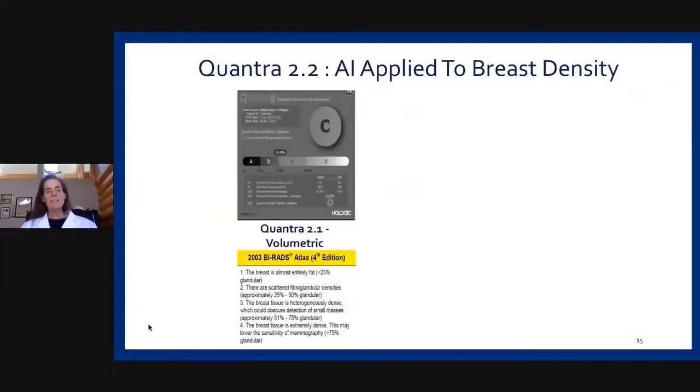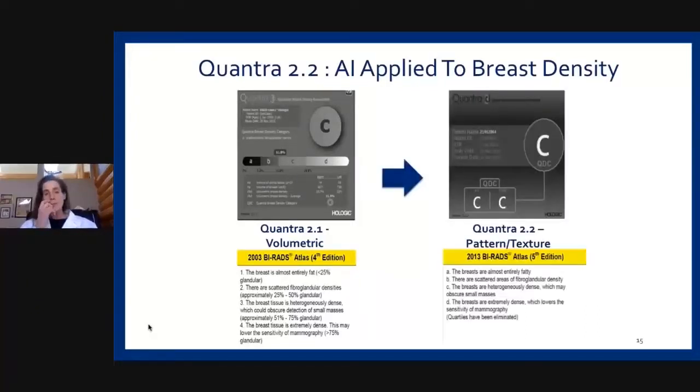And so here's just an example talking about Quantra products, and Quantra 2.2 is the newer version of the breast density software. The old version was based on the volumetric evaluation of breast density, and the new 2.2 takes into consideration pattern and texture. The reason we were going to talk about why that change is really because of the change in BI-RADS.